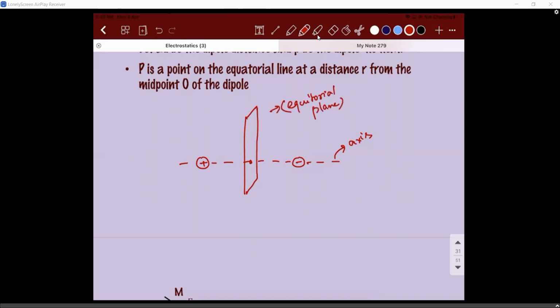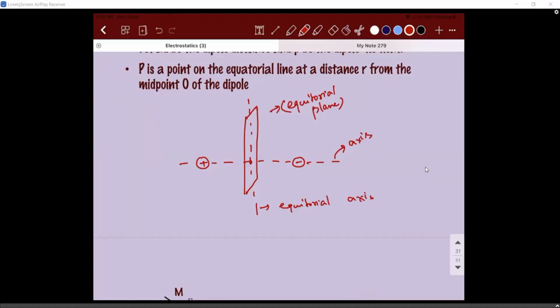Everyone understand? A plane is two-dimensional. You take a paper and place it perpendicular to the axis. At the same time, it should pass through the center of the dipole. Then you call it the equatorial plane. If you draw the axis of the equatorial plane, it will always pass through the center of the dipole, and this is called the equatorial axis.